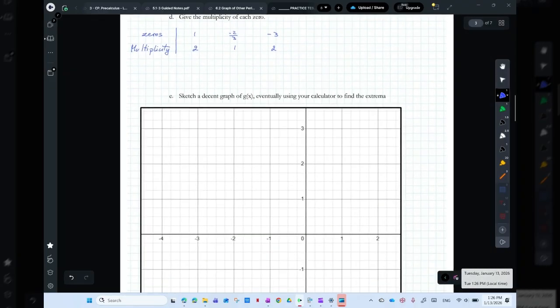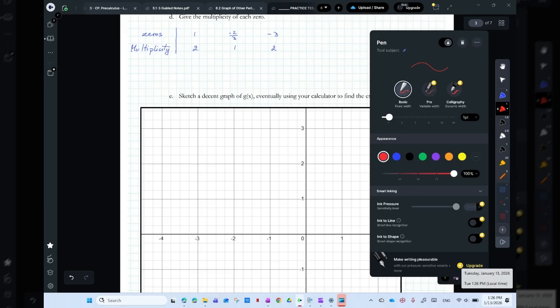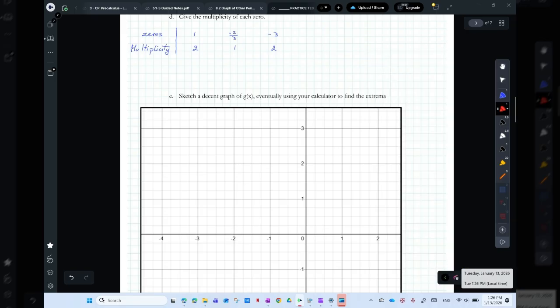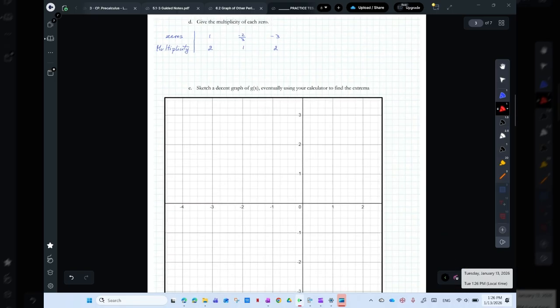So the first thing that I'm going to do is to plot those zeros. I've got 1, I've got negative 2/3, which is negative 0.6 repeating, roughly here, and finally negative 3.